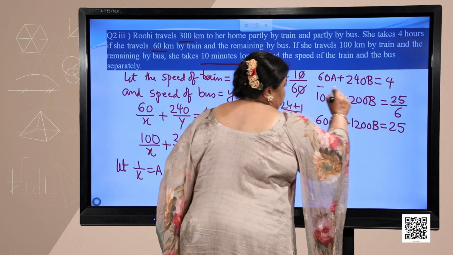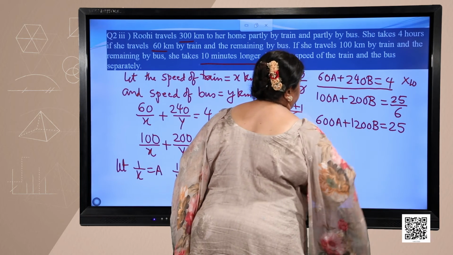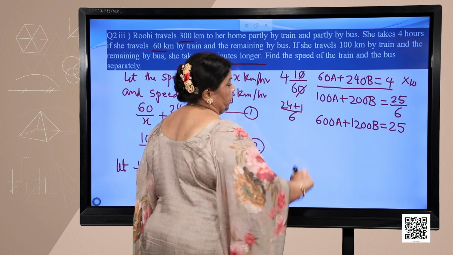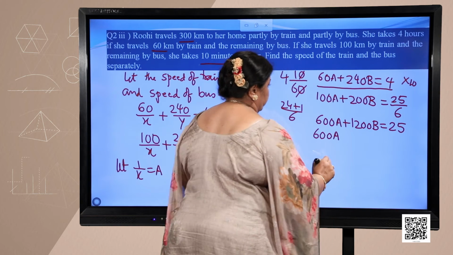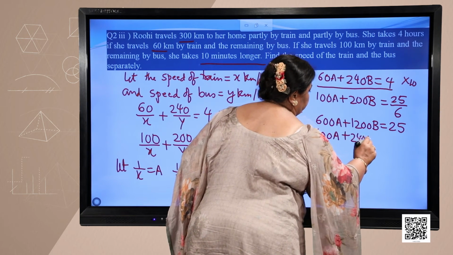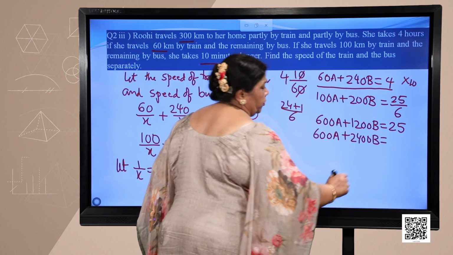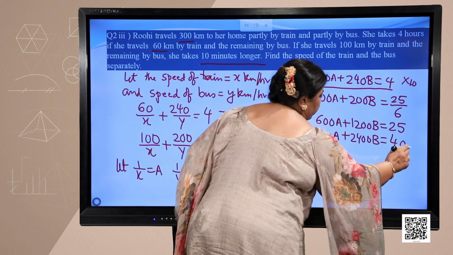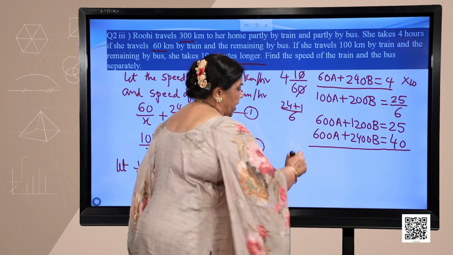In order to get equal coefficients, shall I multiply the first equation by 10? What do I get? 600a plus 2400b is equal to 4 tens are 40. Simple. Shall we subtract?